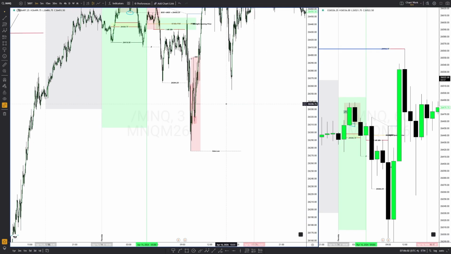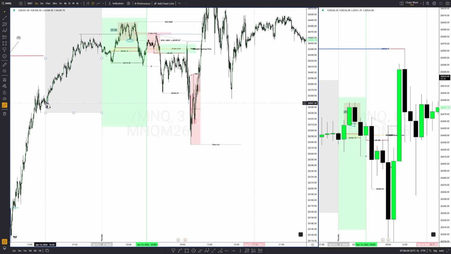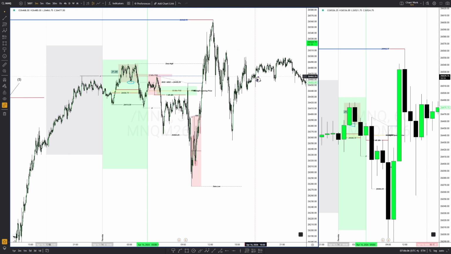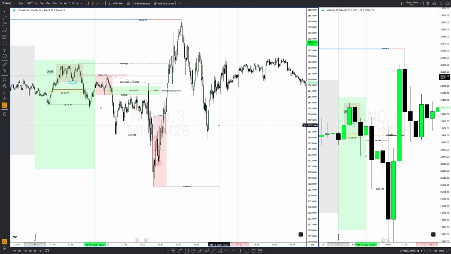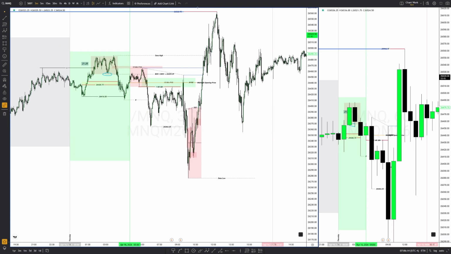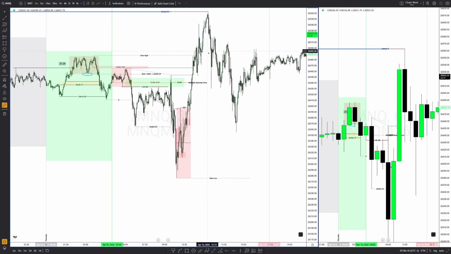So if you look at the range from the beginning to the end, from where we opened to where we closed, there wasn't much move on the sticks from a day perspective, but it was enough movement within a range for you to capitalize on anything going either down or up.